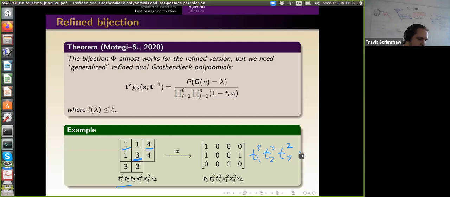And then if I just multiply by t1 to the -2, t2 to the -1, and I see a typo there, there should not be a t cubed, I get precisely this.